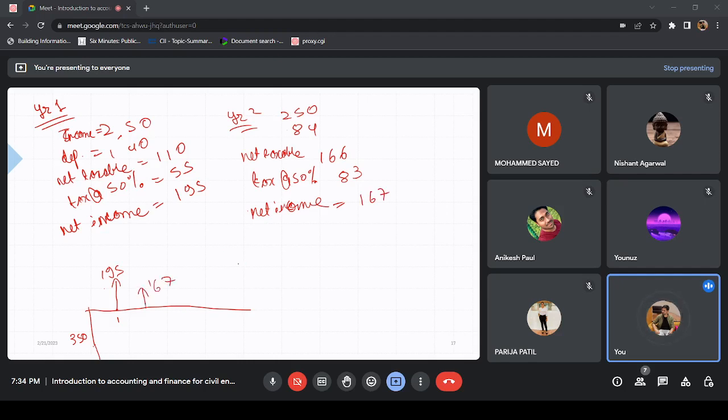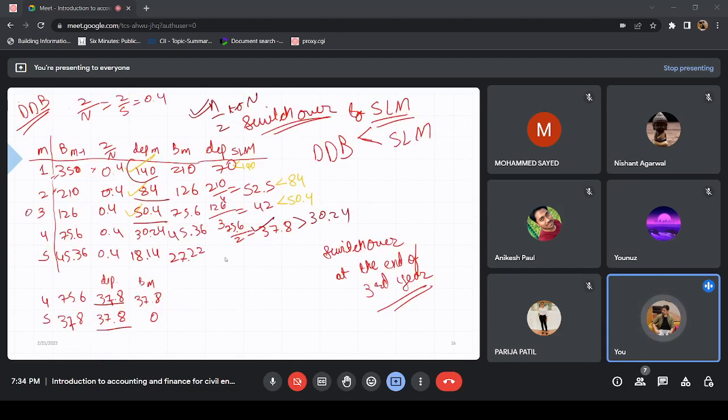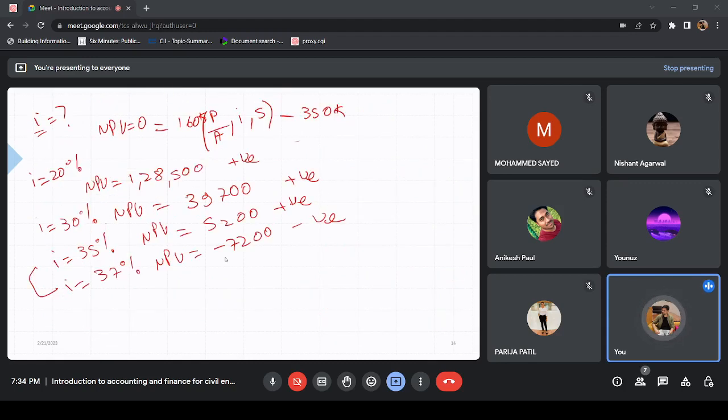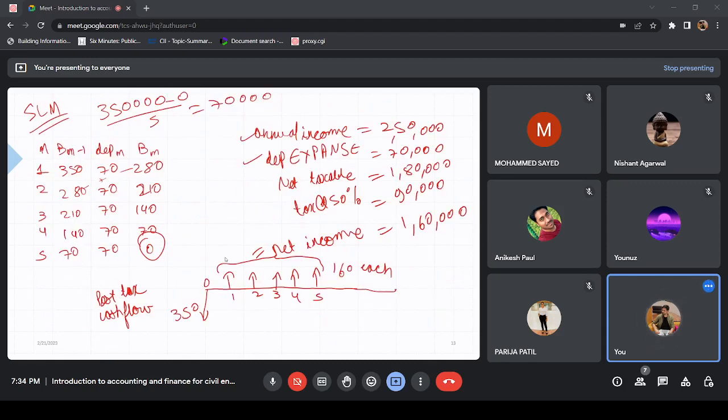Yeah. So we calculated the values for year 1 and 2 for each case. Let's just compare it so that we can have some interpretation from there. In case of DDB, net earnings is 195 in year 1. In sum of years it is 183, and in a straight line it is 160.